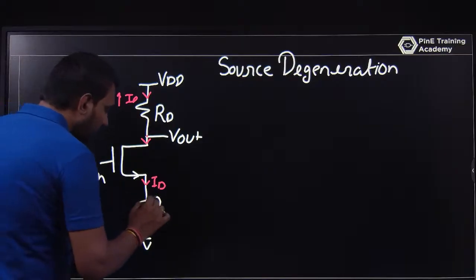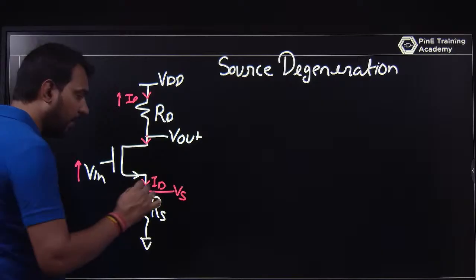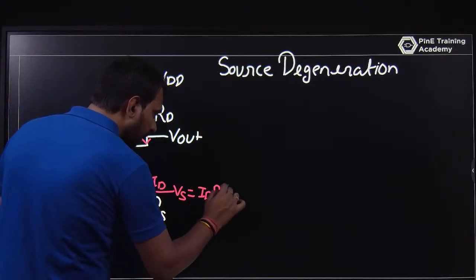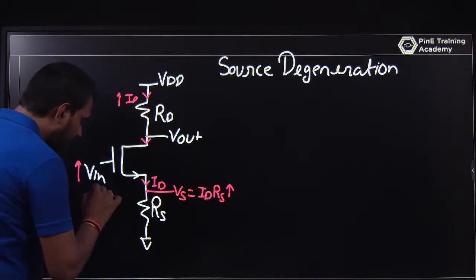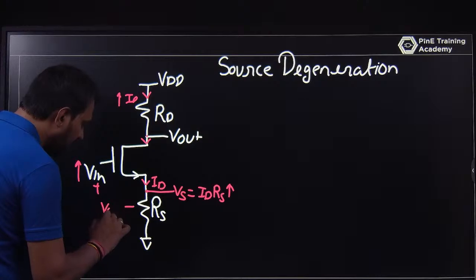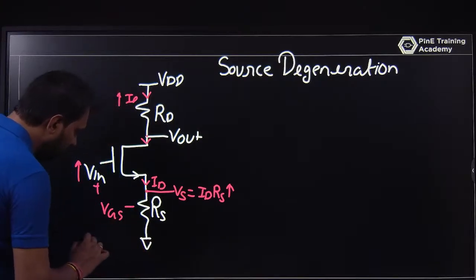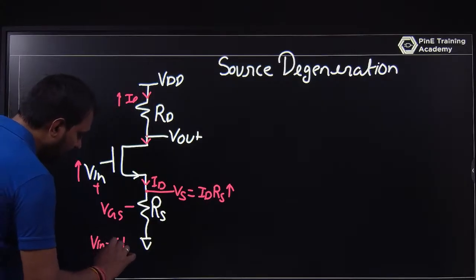This voltage at Vs is equal to ID into RS. It is also increased. And what is VGS? VGS is equal to V in minus ID into RS.